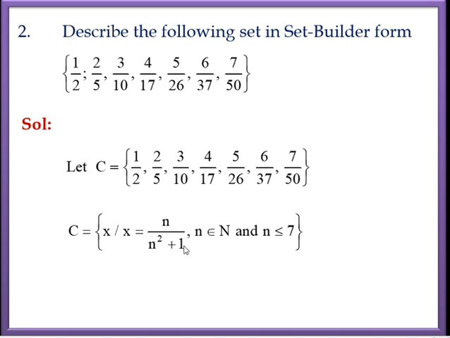Square of natural number plus 1 always. So C is the set of x such that x is n upon n square plus 1, where n is a natural number which is less than or equal to 7. Check: put n equal to 1, 1 by 2, up till 7, 7 by 49 plus 1, that is 50. Yes.